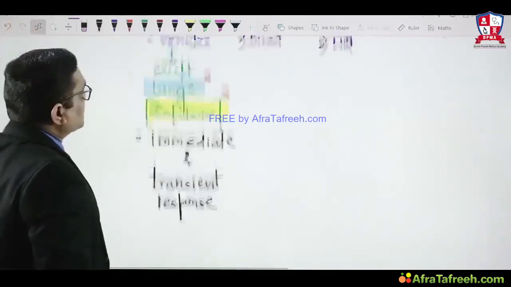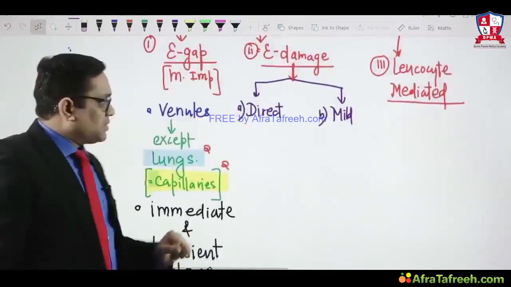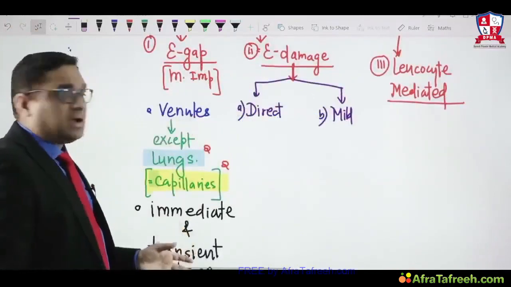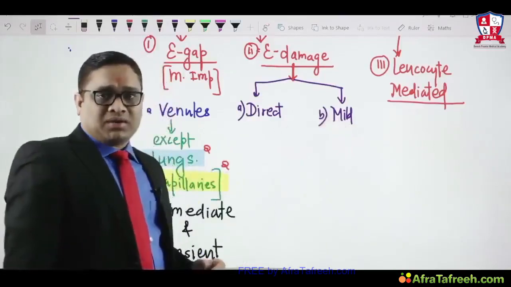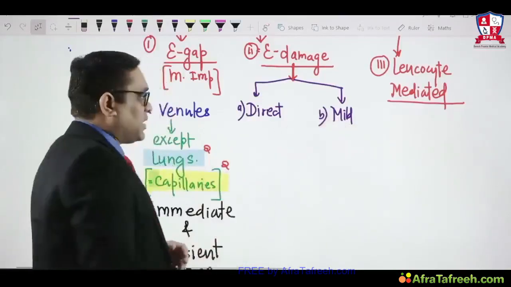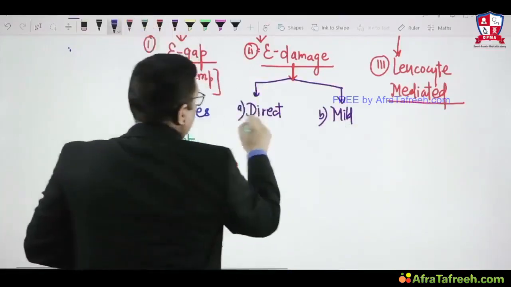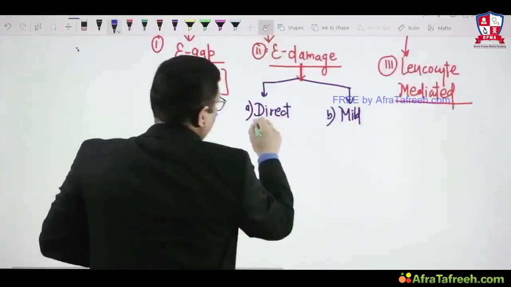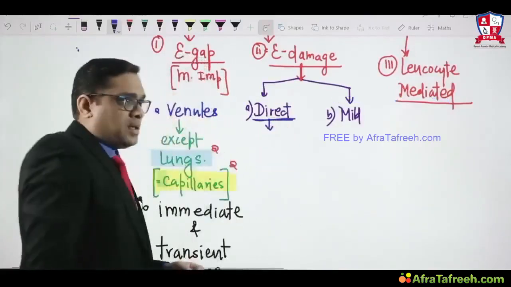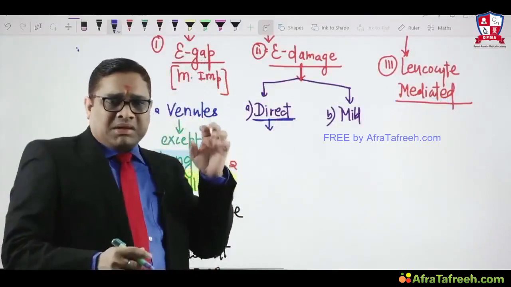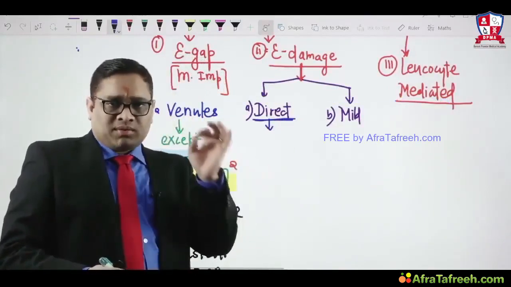Similarly, the examiner asks about endothelial damage. I have given two segments, direct endothelial damage and mild endothelial damage, and both are different things. Direct endothelial damage happens immediately on the endothelium, so the endothelium is immediately damaged.